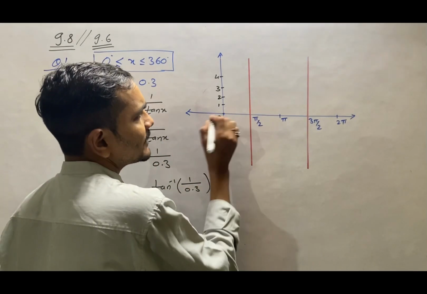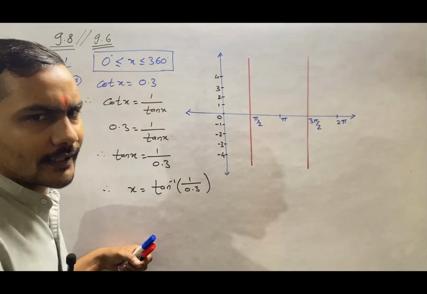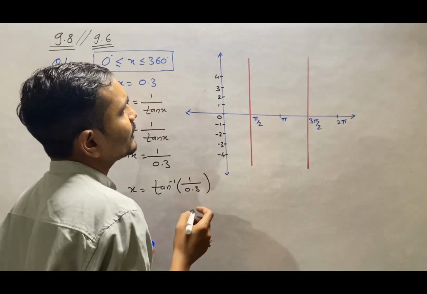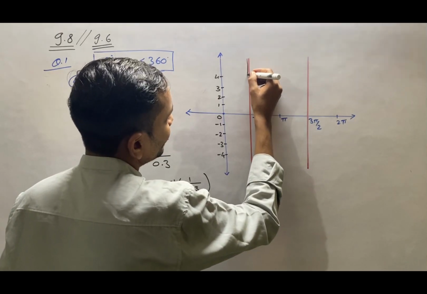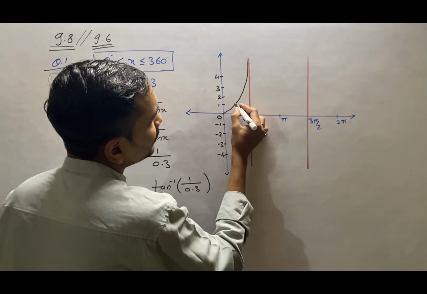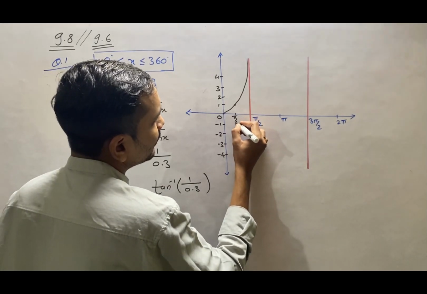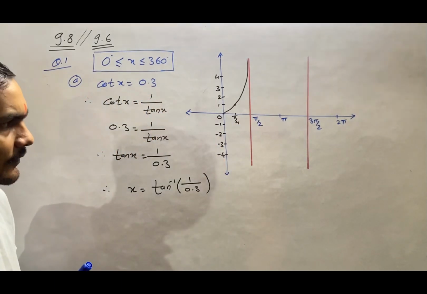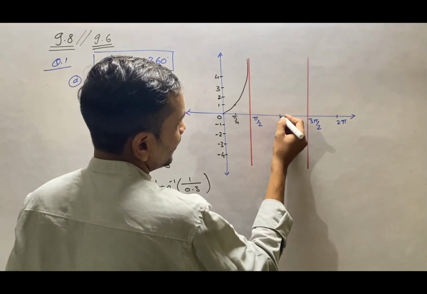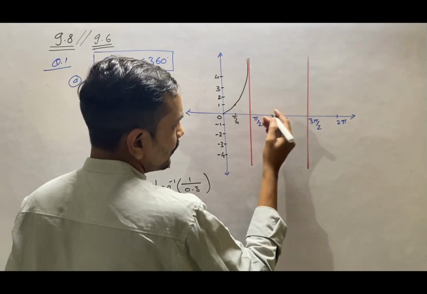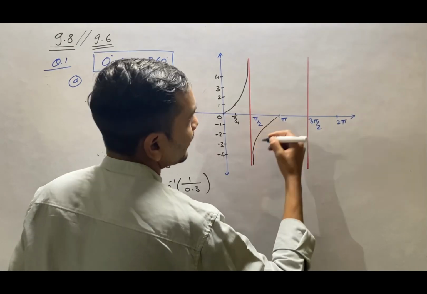We know tan 0 is 0, and when we approach 90, tan 90 is not defined. So the graph of tan is something like this, as we already did. At 1 we have 45, pi over 4, and then again at 180 degrees, pi, we get 0, but tan in the second quadrant is negative. So we have a graph like this, and again.